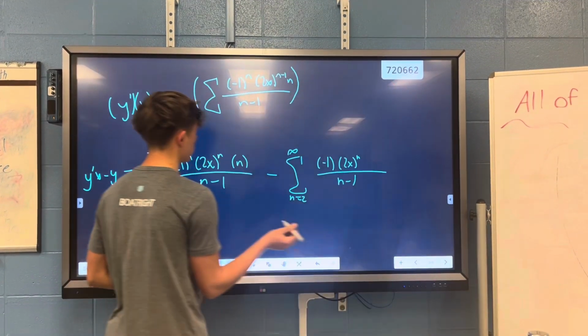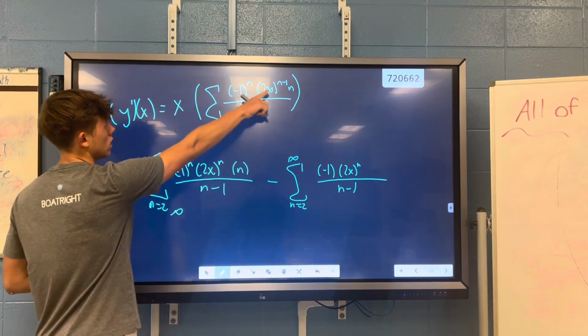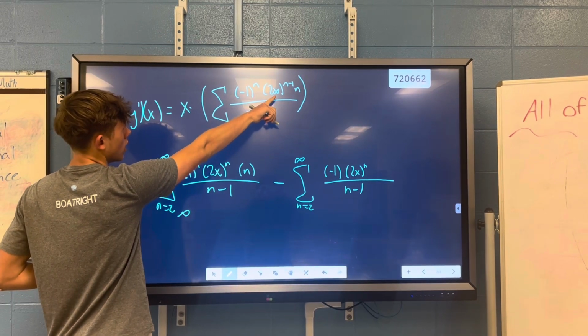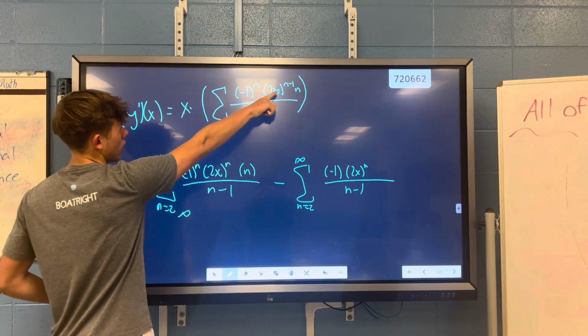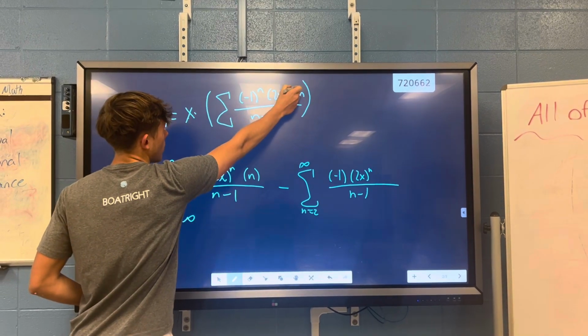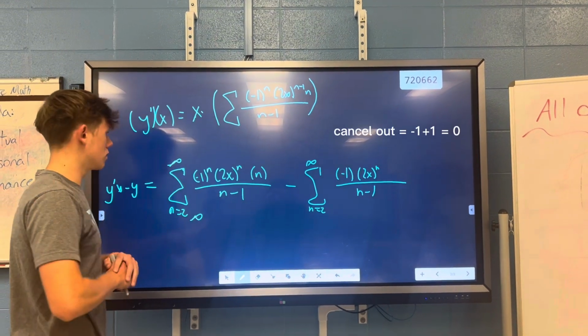You have one more step to do, and that is to multiply your y prime times x, so you're adding an x to the numerator. So x to the first combines with 2x to the n minus 1 to just be 2x to the n, because your minus 1 and your 1 would cancel out and be opposites of each other.